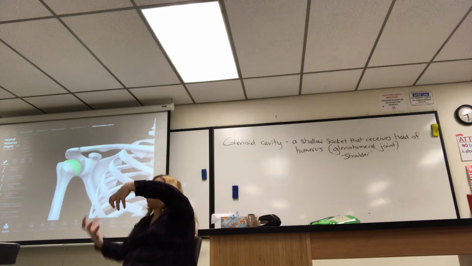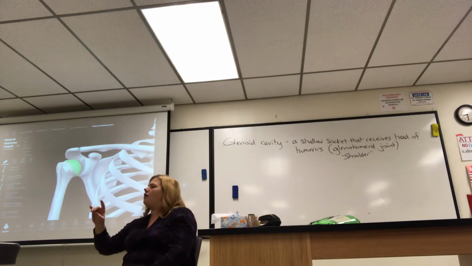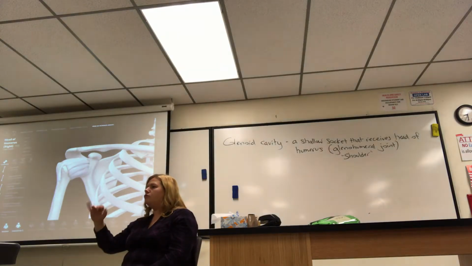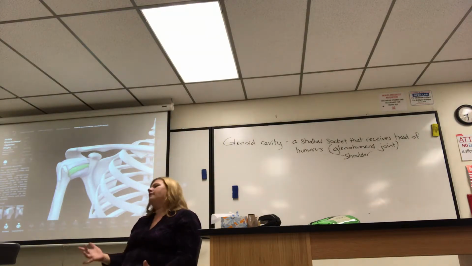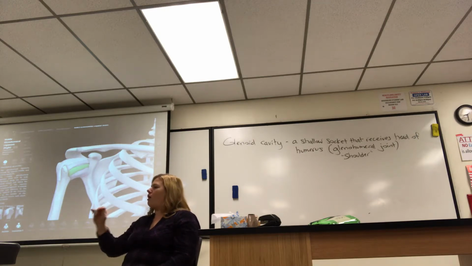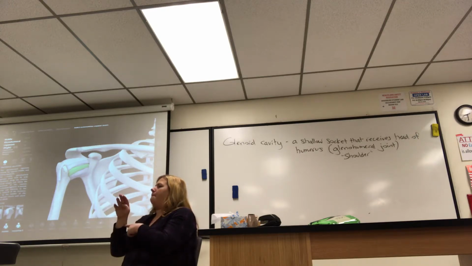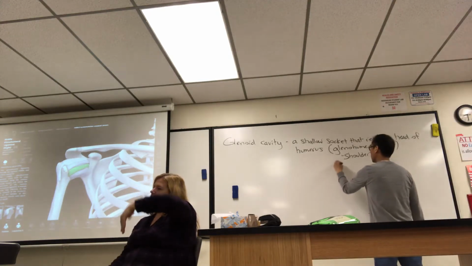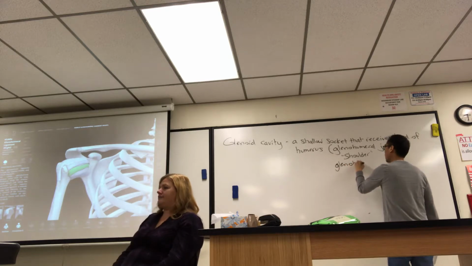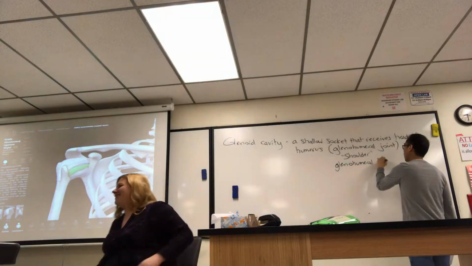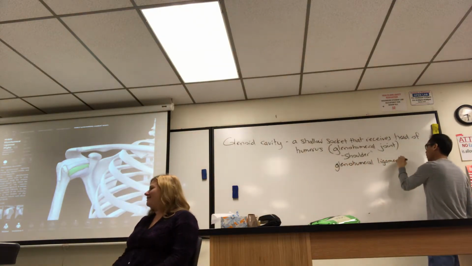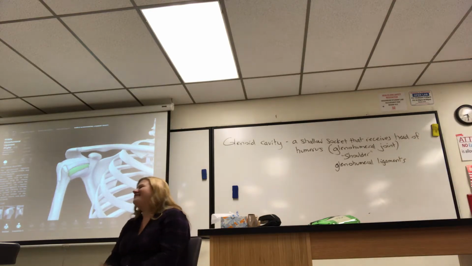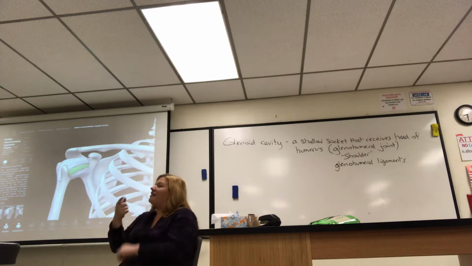That's the glenohumeral joint. There are many glenohumeral ligaments stabilizing that joint. Anything that's holding those two things together, just call it glenohumeral ligament.